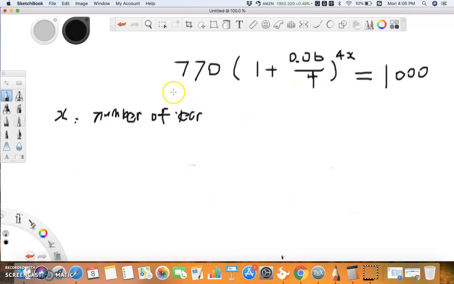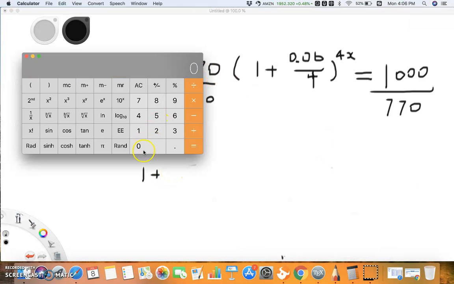So first, if we divide by 770 on both sides, we're going to have 1 plus 0.06 divided by 4, that's 0.015.